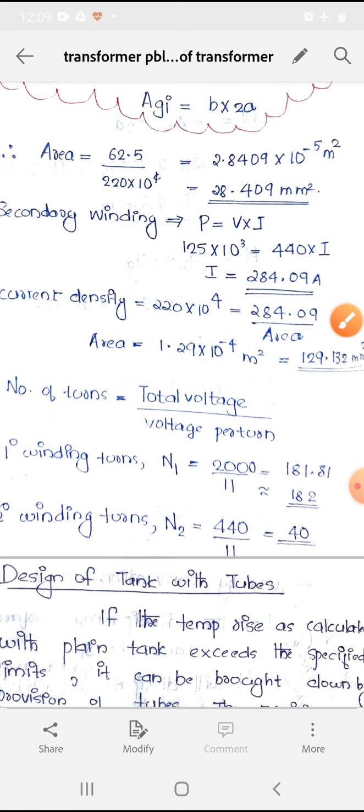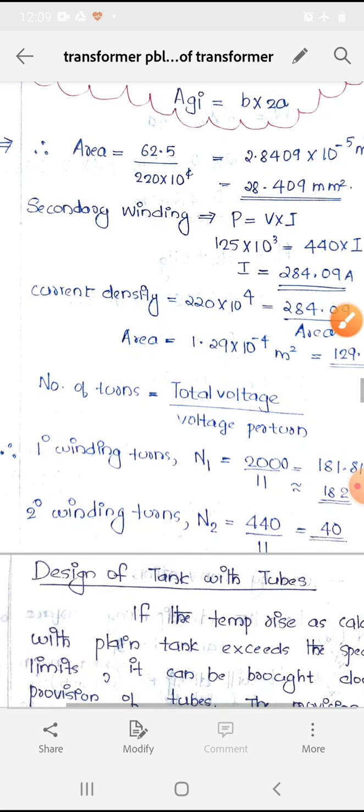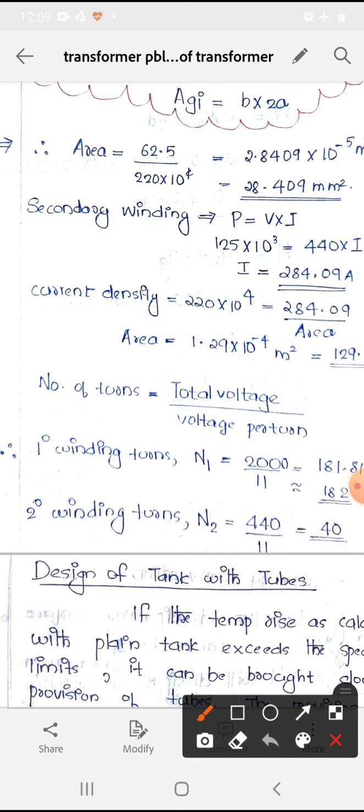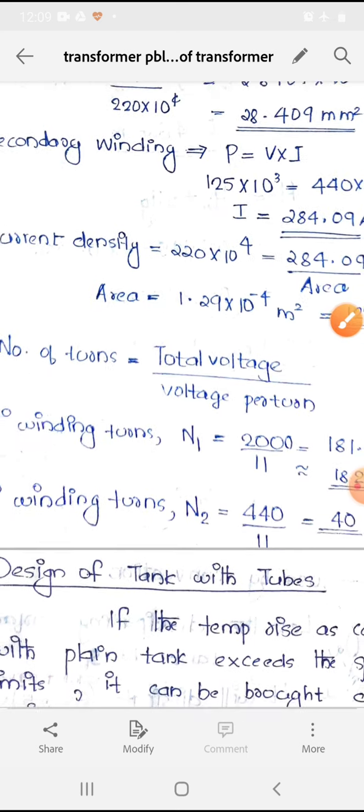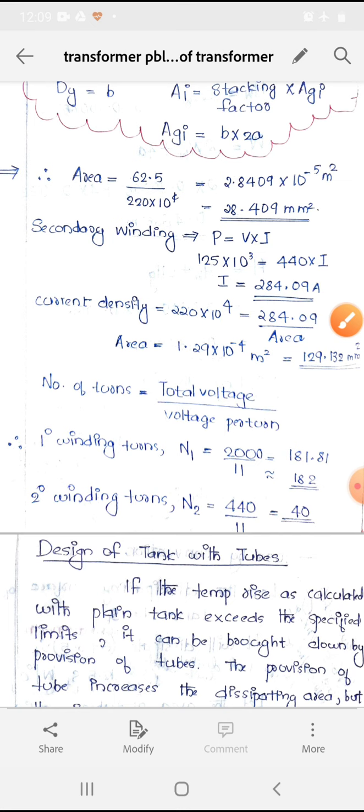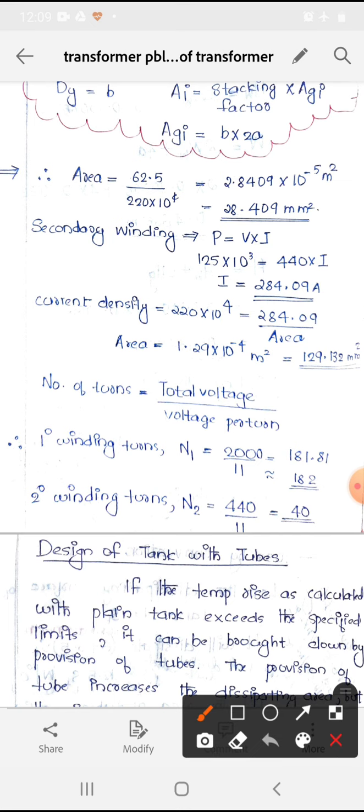So we got 181.81. Since it is decimal, 181.8, after decimal it is 8, so we rounded up to 182. Turns should not be in decimal, that's why we approximate the value to 182.